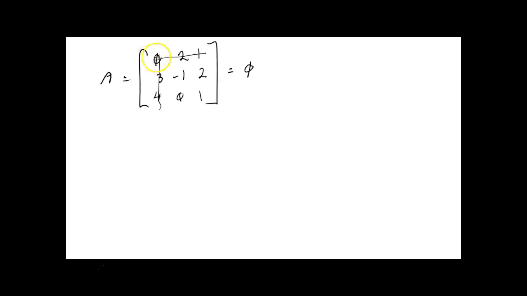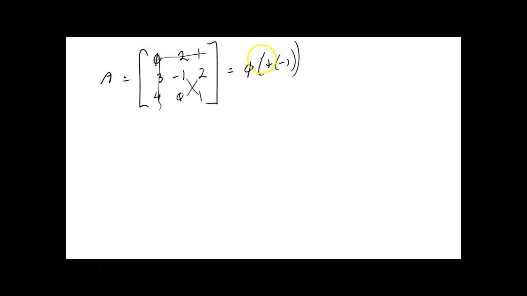Because this is in the 1,1 position, in other words, the plus position, that's going to be times a positive of the determinant, which is negative 1. It's a plus position, so you don't change the sign of it.